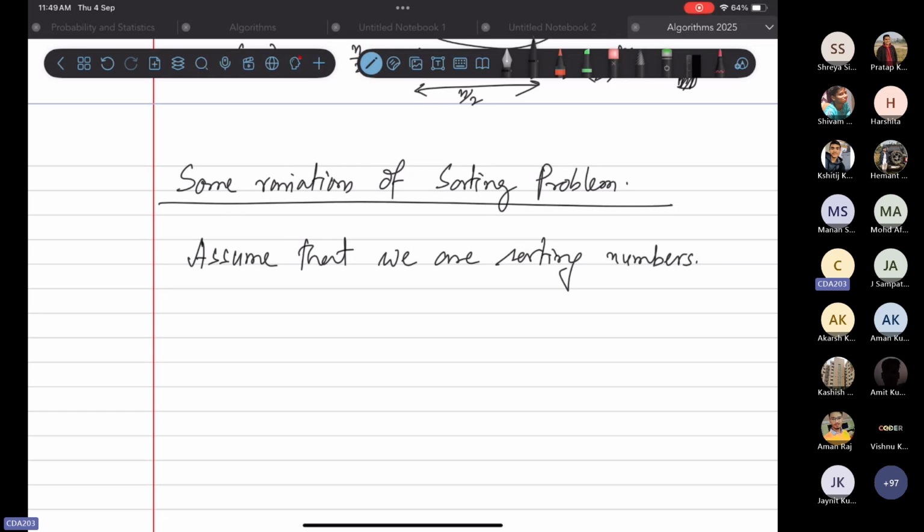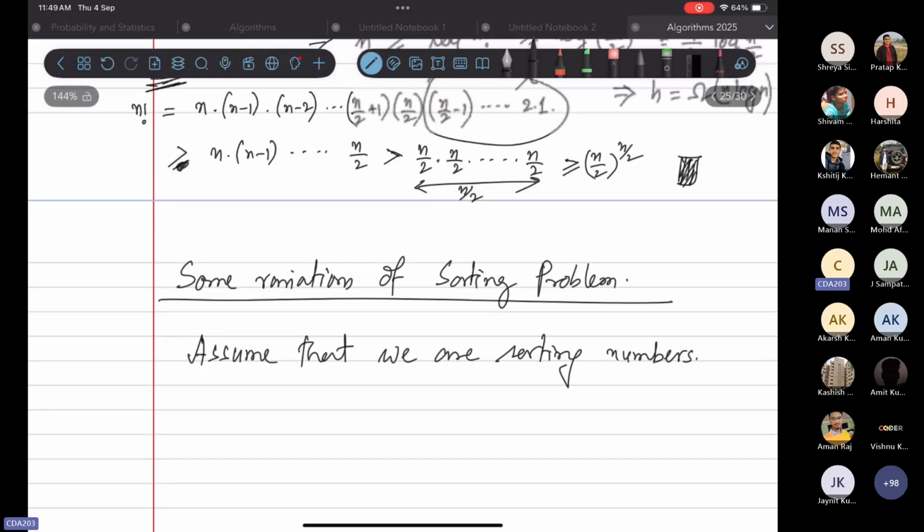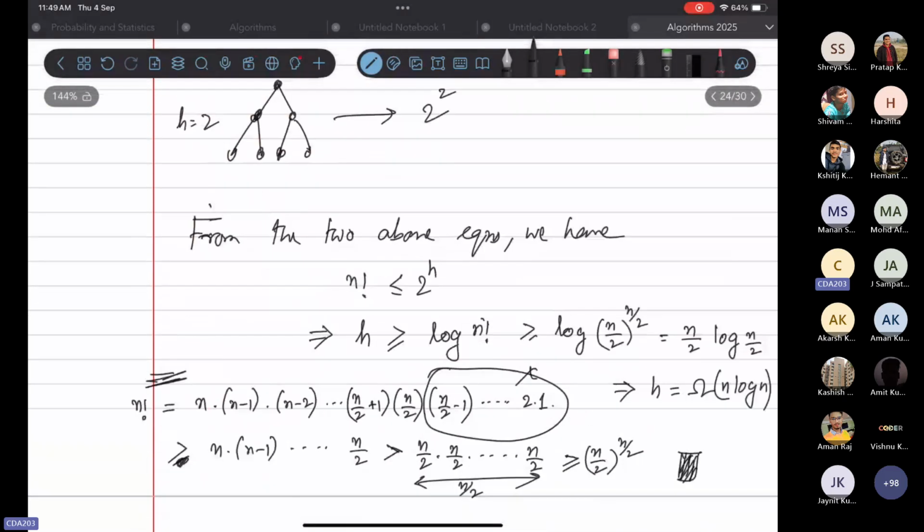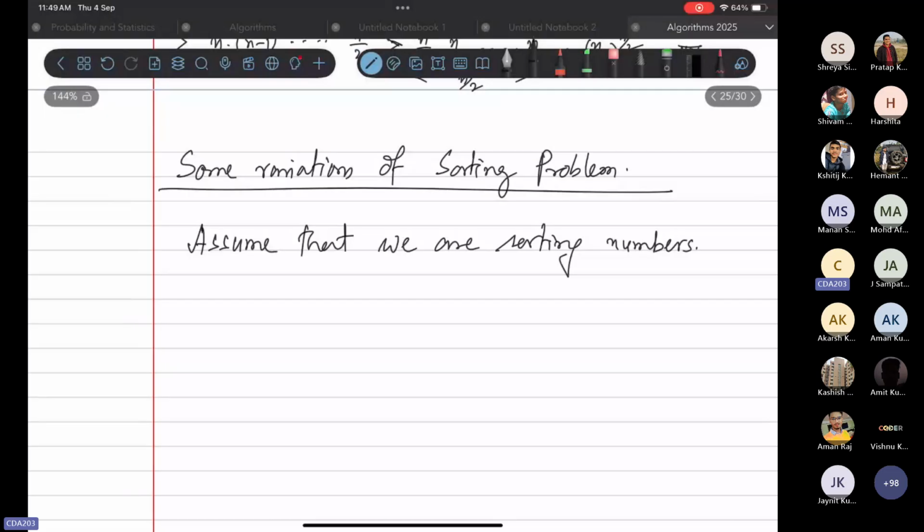But in practice, we use randomized quicksort, which gives on average n log n time. And today we have just seen that n log n is the best we can do, because I just proved that less than n log n is not possible for any comparison based sorting algorithm.